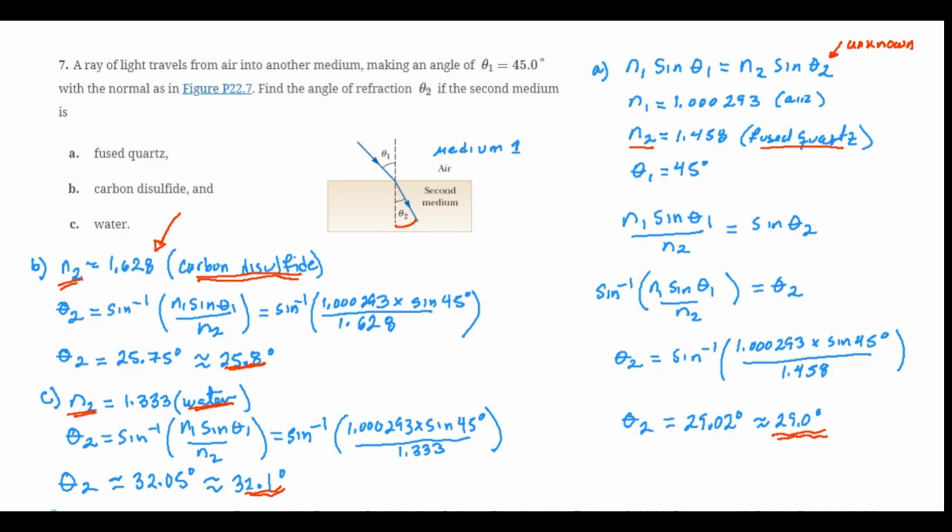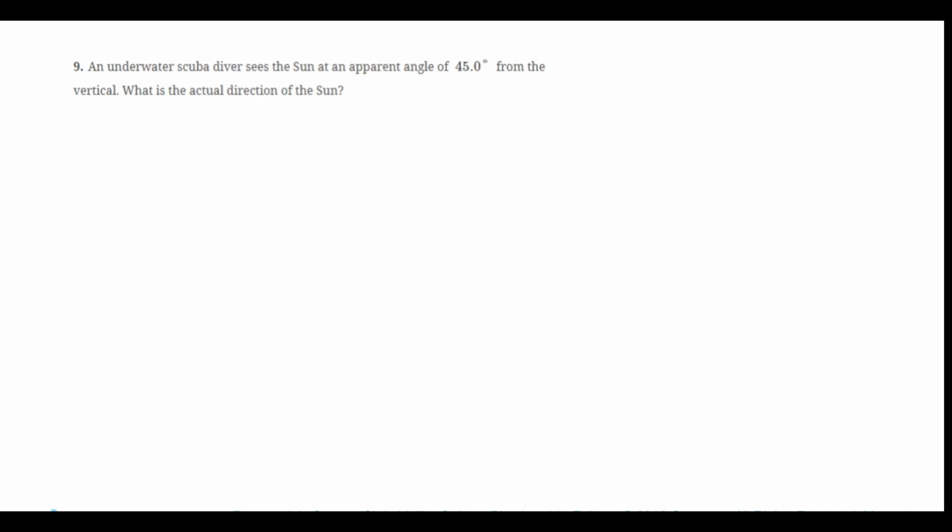Any questions so far? Well, let's see a second exercise now. In this second exercise, they say an underwater scuba diver sees the sun at an apparent angle of 45 degrees from the vertical.